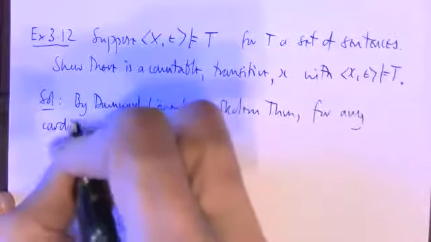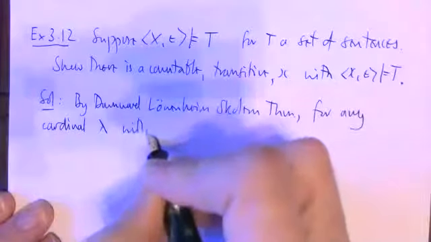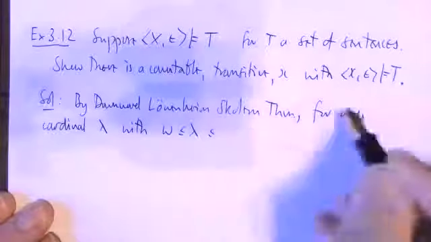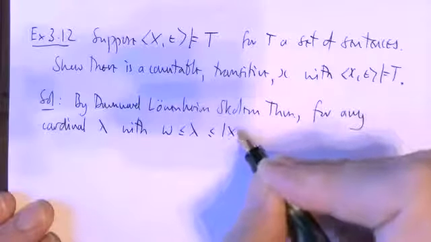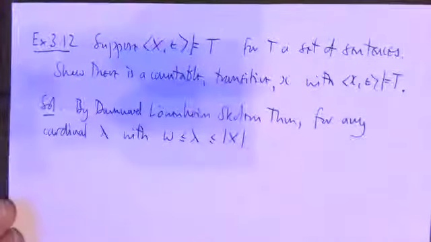Here's a slight variant on it. For any cardinal lambda, which might be omega, or it might be the size of X, there's no restriction on the size of X here.